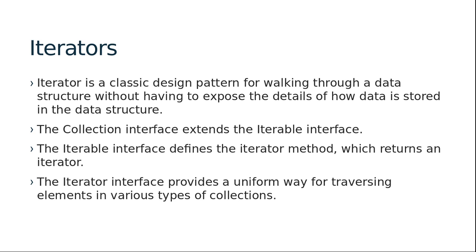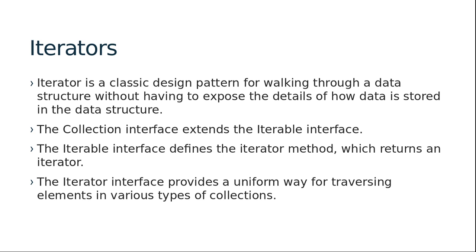Now if you want to iterate your collection entirely, then you can have an iterator object. Iterator is a classic design to iterate or walk through all the elements which are there in the current collection. So the collection interface actually extends the iterable interface.